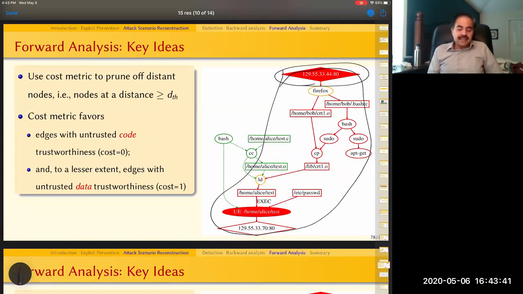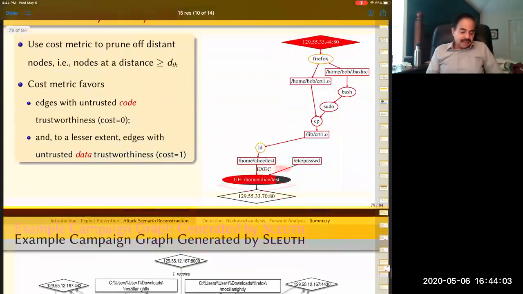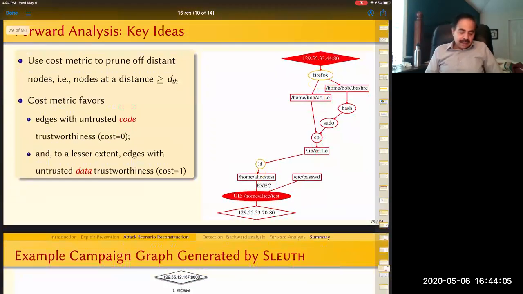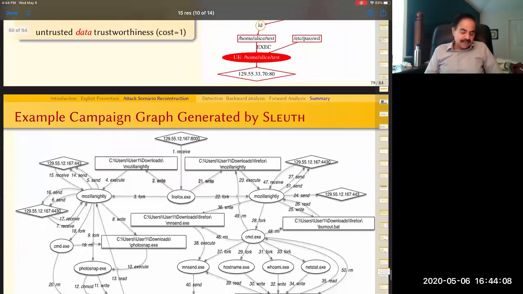The idea is that we ultimately produce a graph that only captures these red arrows, and then you have a picture of what the attack is without having to worry about the benign activity that really didn't have anything to do with this. Once again, this is showing the animation of the forward analysis.